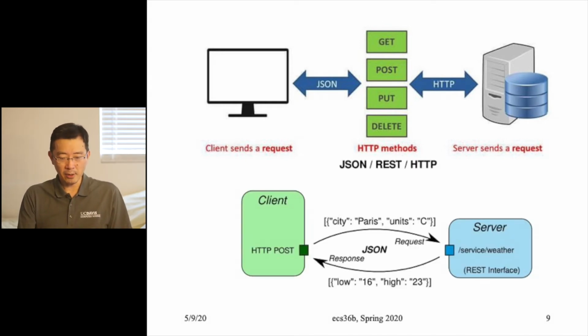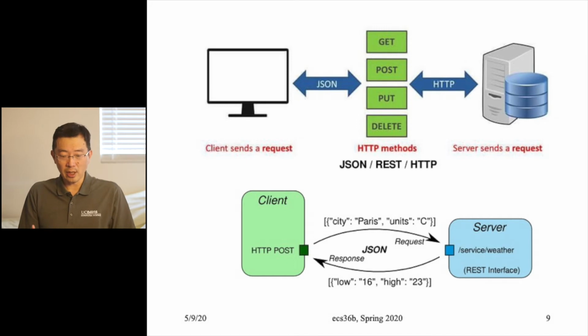For example, this is a typical application using JSON. The client sends the HTTP post to the server, and behind the post you can see it's a JSON. Basically, I'm requesting a weather server to provide the temperature for Paris, and the units should be Celsius.